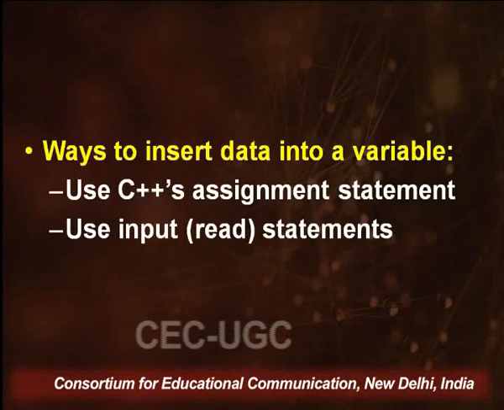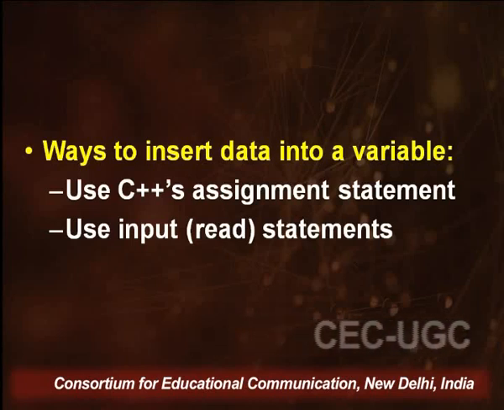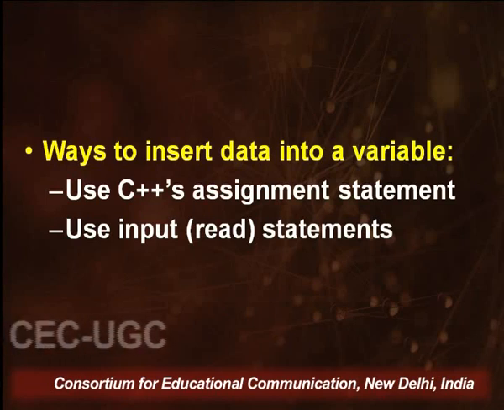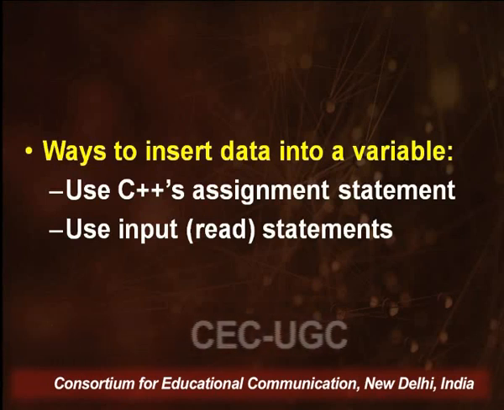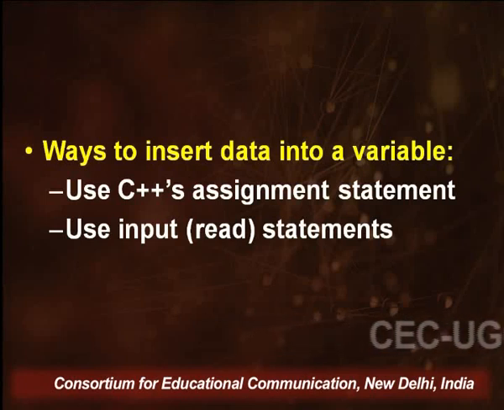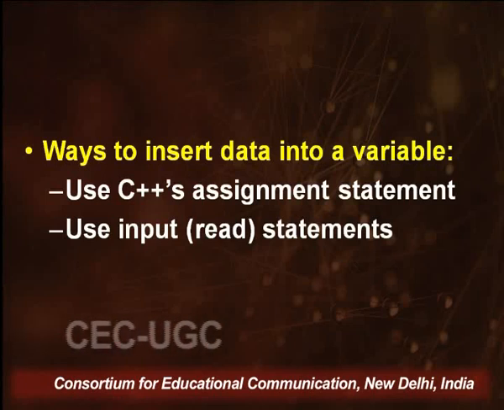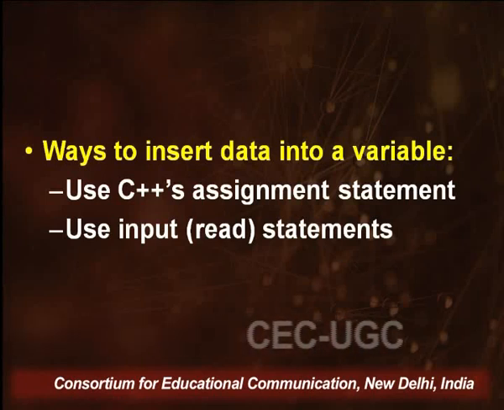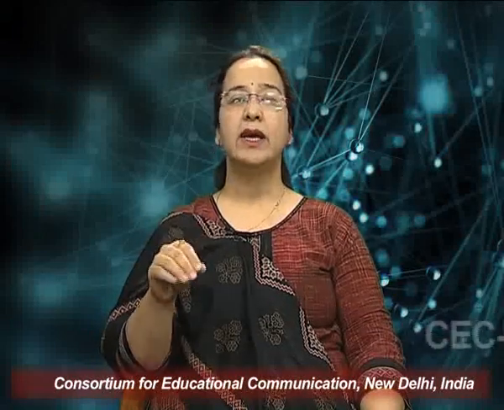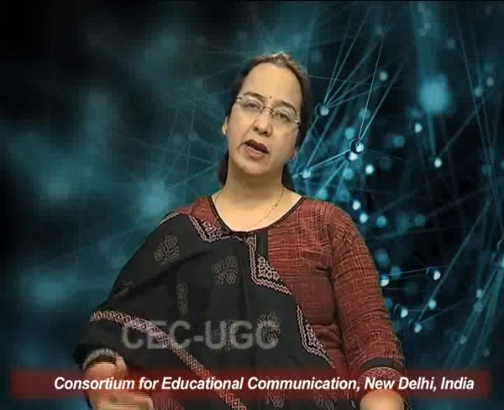Now, what are the ways to insert data into a variable? Data can simply be assigned by using the assignment statement, which is equals to. For example, I am saying x equals 10, and please mind that x is already declared, that means the compiler is already familiar with x through the statement int x. So int x is the declaration, and then x equals 10 is the assignment.